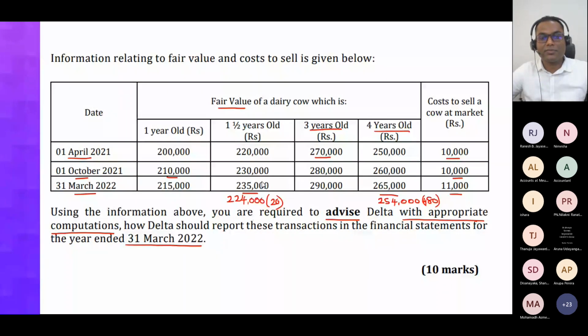Now, if a new calf is born, sometimes there's no cost even. Up until the point where you can reliably measure the fair value, it is not recognized. As per the standard, it has to be measured at fair value less cost of sale.